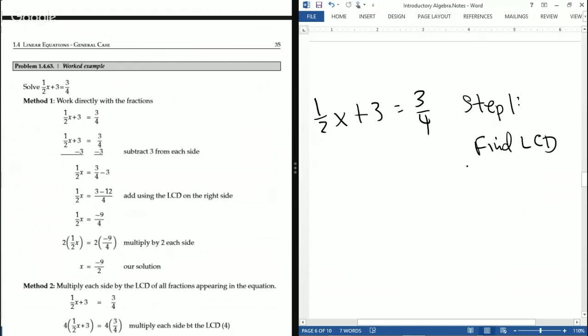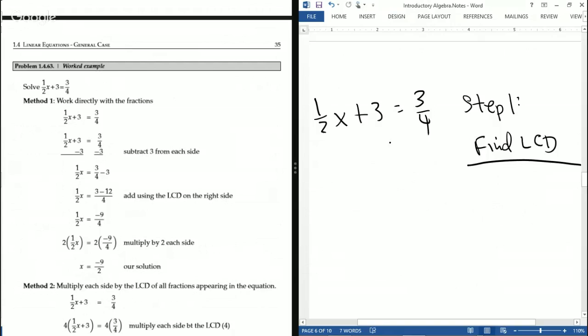Because if you can find your lowest common denominator, all you got to do is multiply both sides by it. Now, all my fractions, you got to size them all up. I have 1/2 and I have a 3/4. So I have two fractions in this problem. The denominator is 2 and the other one is 4.